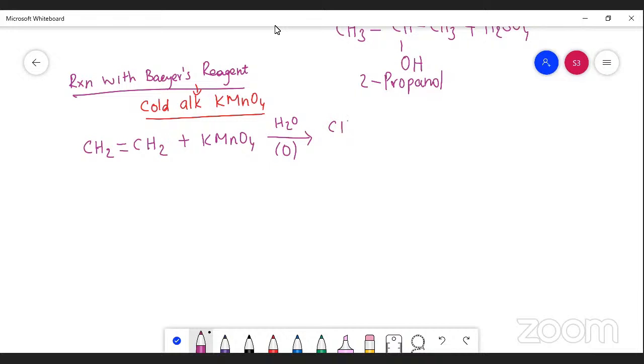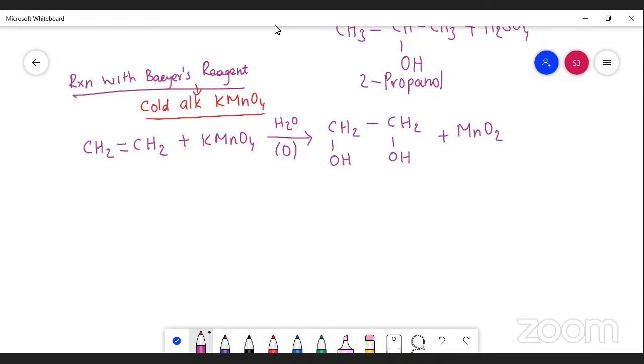We get CH2OH from water, and also another CH2OH, because oxygen is produced by KMnO4. KMnO4 is converted into MnO2.